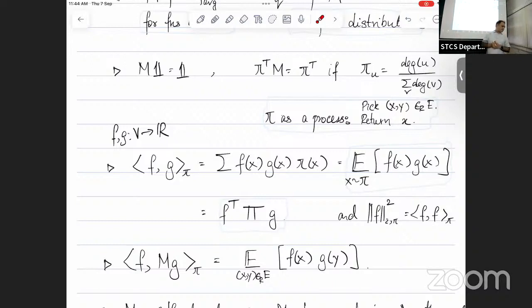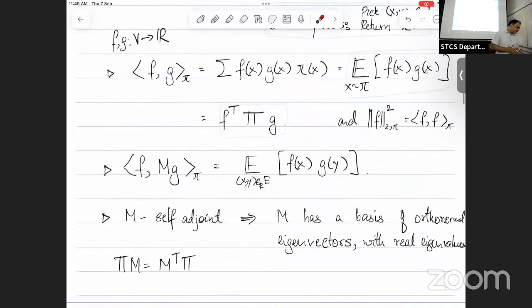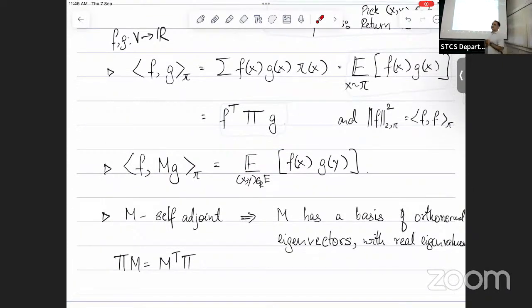And we saw how, when we were looking at the expander mixing lemma, the left-hand side turned out to be exactly this, where f and g were instantiated to be the indicator functions of S and T respectively. It's easy to note from this that this also equals the inner product of Mf and g.